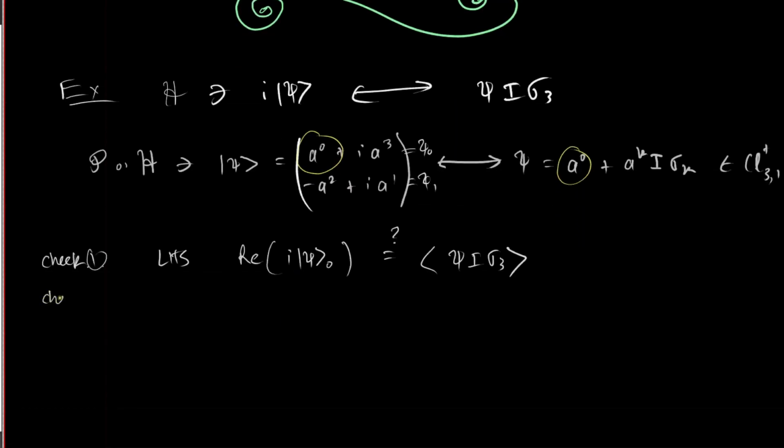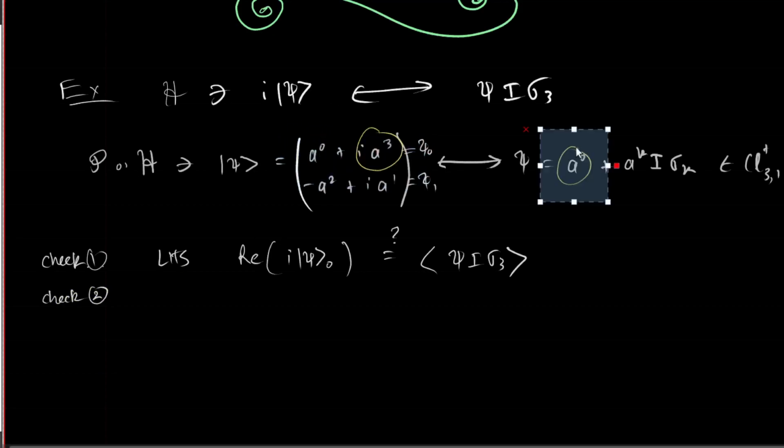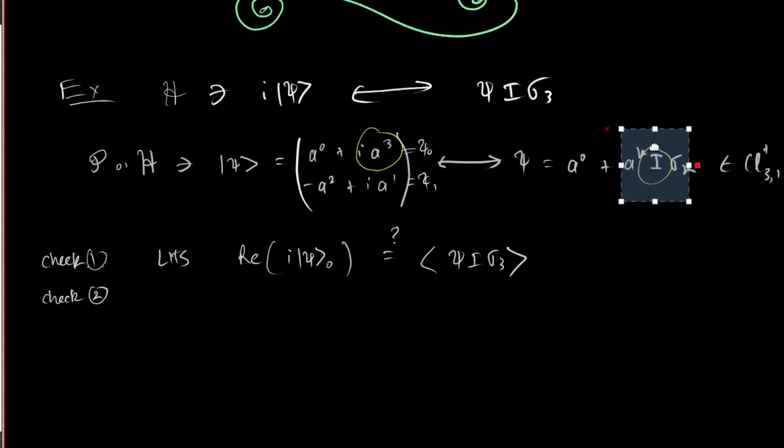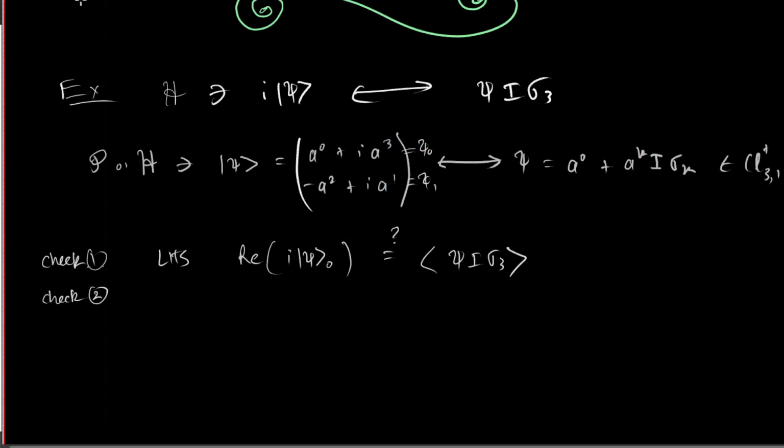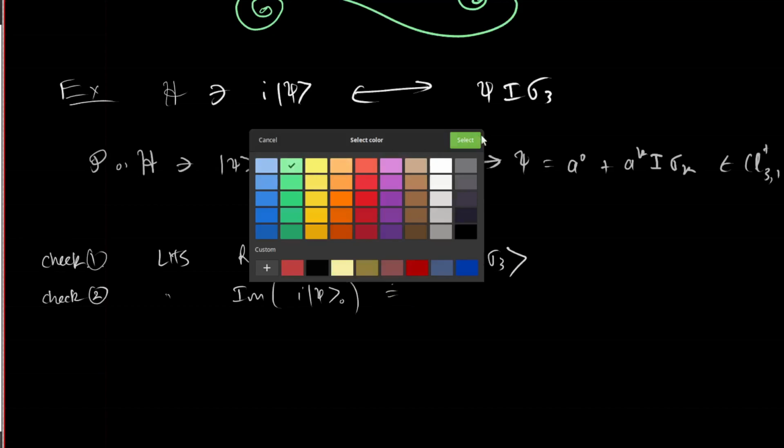So check 2 would be this one here, with the sigma 3 one. That means on the left hand side we should have the imaginary part of I times the spin up part of the Pauli wave function.